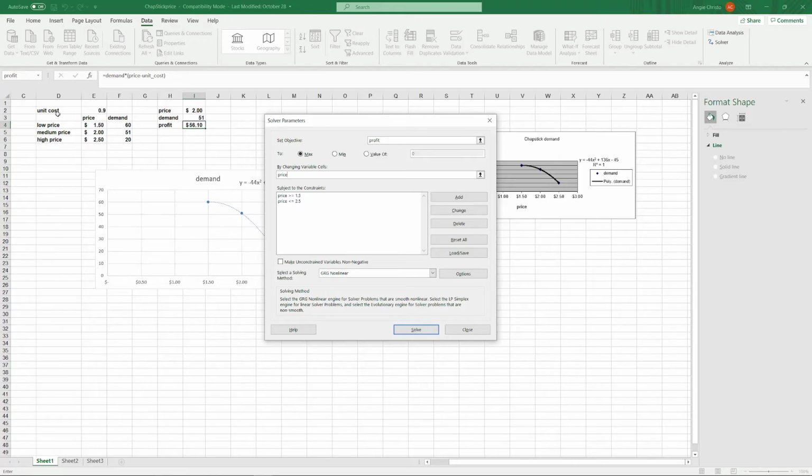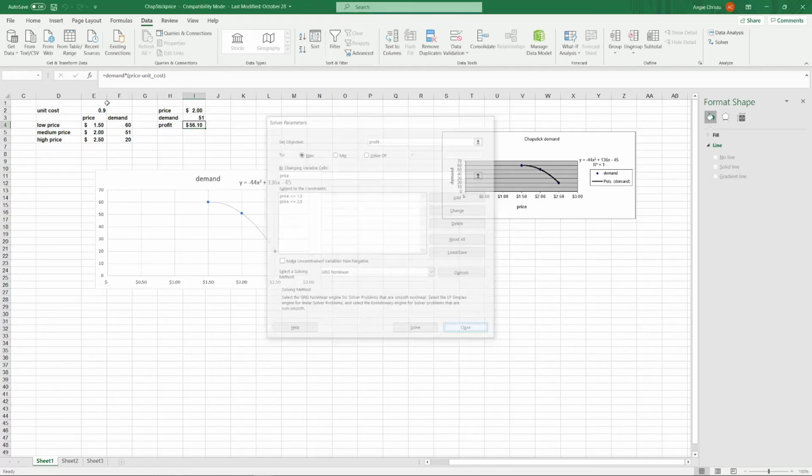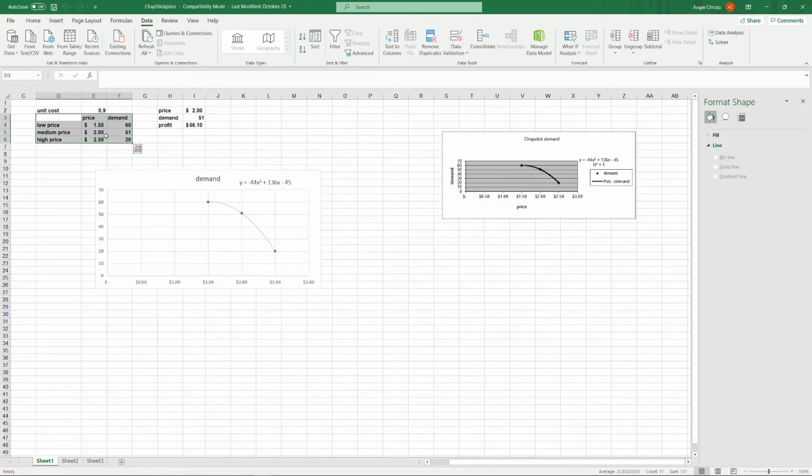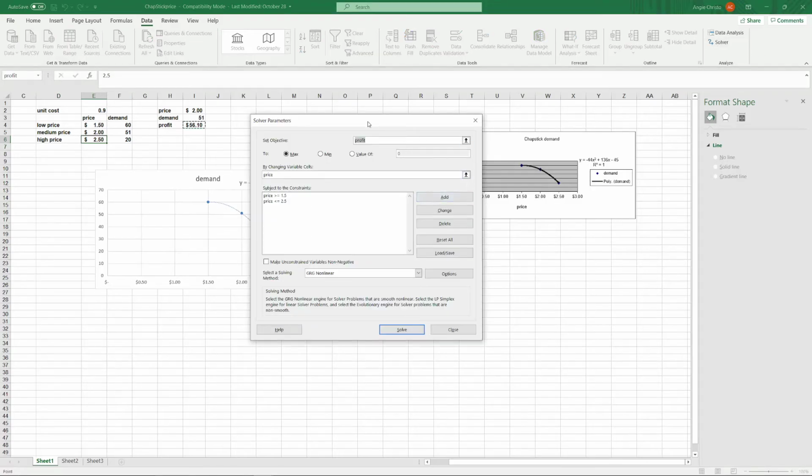As I mentioned when I described this problem, we have this information, right? And we know that our price should be anywhere between these two values. So it should be within those two boundaries. So that's all we need to tell Excel.